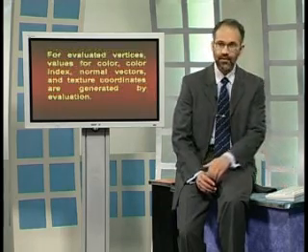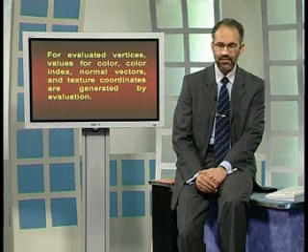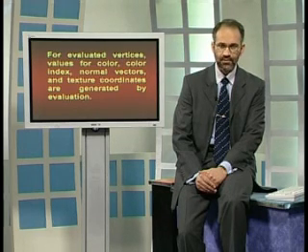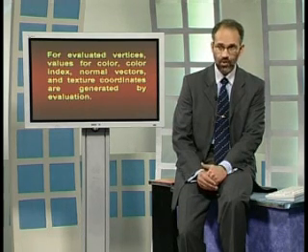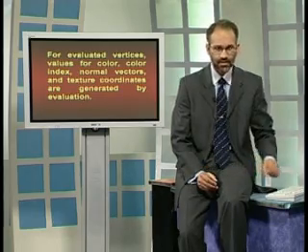For evaluated vertices, values for color, color index, normal vectors, and texture coordinates are generated by evaluation. As said earlier, we can make use of the evaluator to get any of the four values: the vertices, colors, color index, normal vectors, and even the texture coordinates.